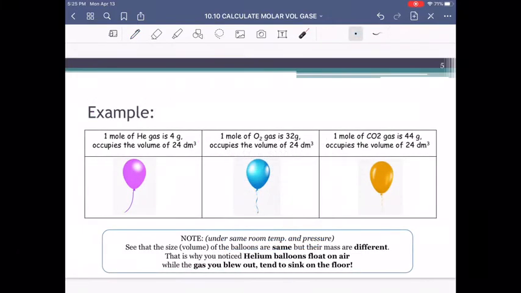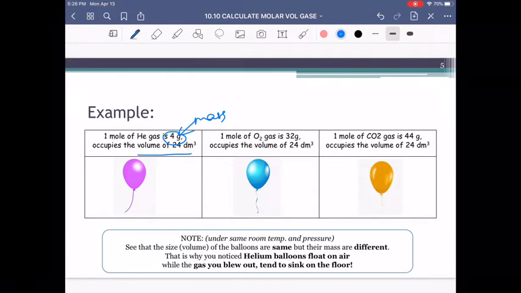Here's an example of 3 different gases. Assuming the volume of these 3 balloons are the same, here you have 1 mole of helium gas, which is 4 gram. This is the mass. You know how to calculate the mass from your periodic table, you check the atomic mass. 1 mole of any gas, as I recall, should occupy the volume of 24 dm cube.